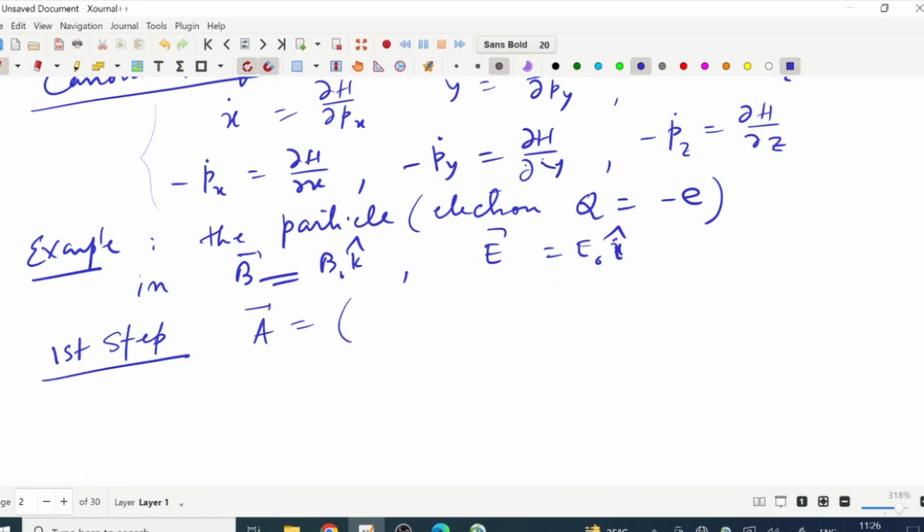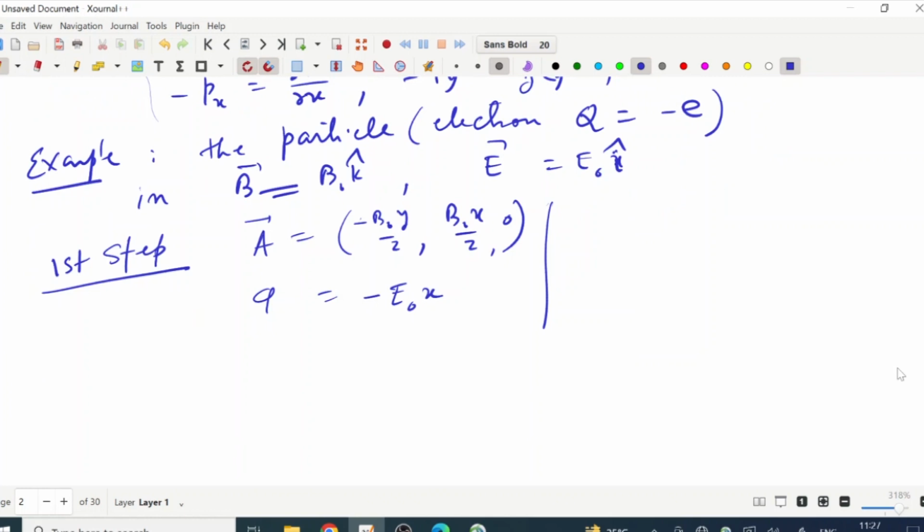One of the potentials is minus B0 y by 2, B0 x by 2, and 0. So, one choice of the vector potential is this, and the scalar potential for this will be minus E0 x. So, these are the potentials for this particular system.